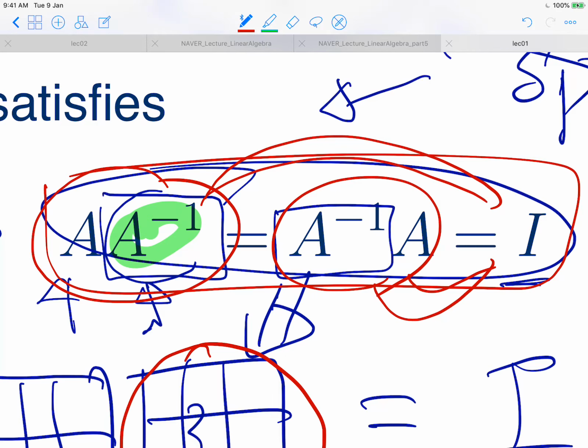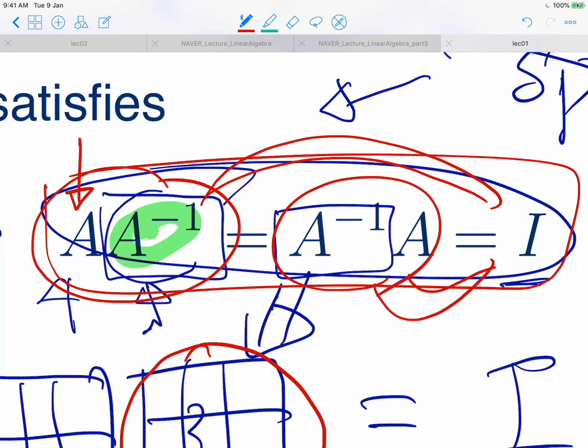But in practice, we only need to find a matrix that satisfies one of them, in the case where our matrix is a square matrix. So in the case of a square matrix, that's when we can discuss whether that matrix is invertible or not.